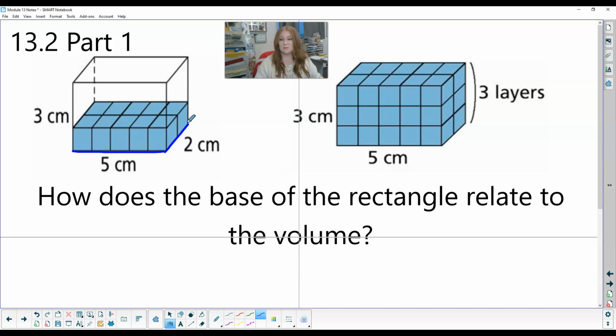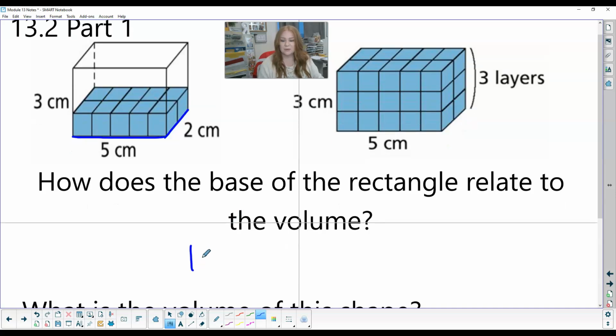Length times width equals the base, or the bottom of the shape. And then we're just repeating that base over and over again on a rectangular prism.